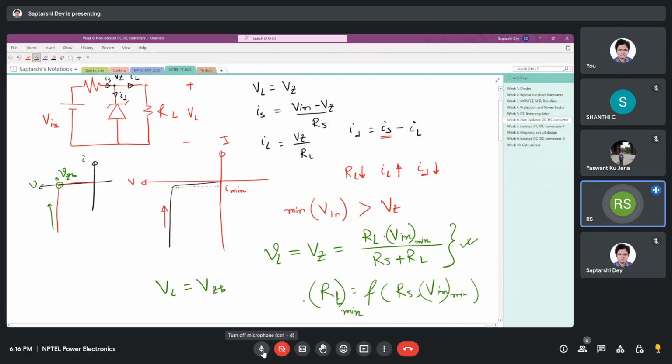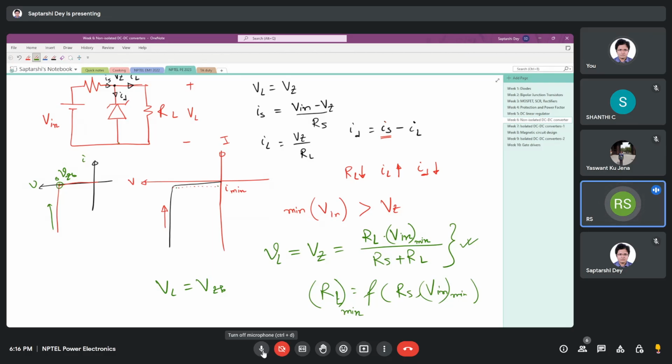We have some value, some ohms, for this RL. Now we are connecting it across the Zener. It will draw the same amount of current which we calculated without Zener for RL min, because the voltage is the same and the Zener is not working at that time. The Zener will not be working if the input voltage is at its minimum value.